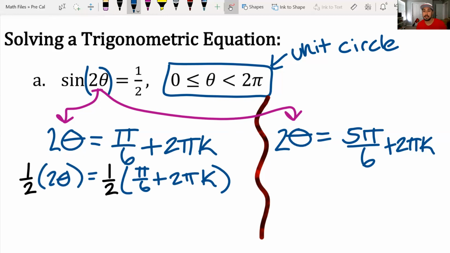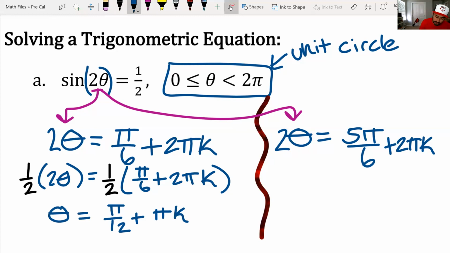Which probably looks a lot neater, but if you divide by 2, you'll get the same thing. So now we get our new general solution of pi over 12 plus pi k.